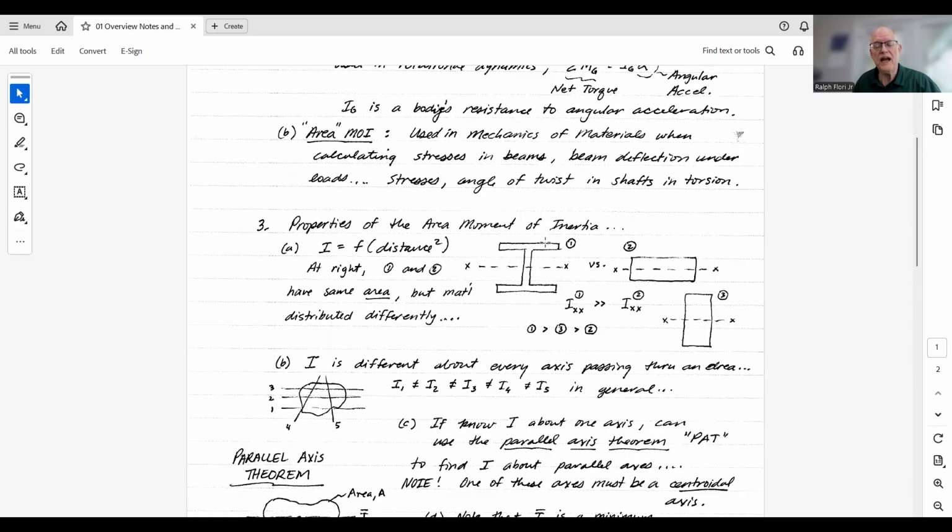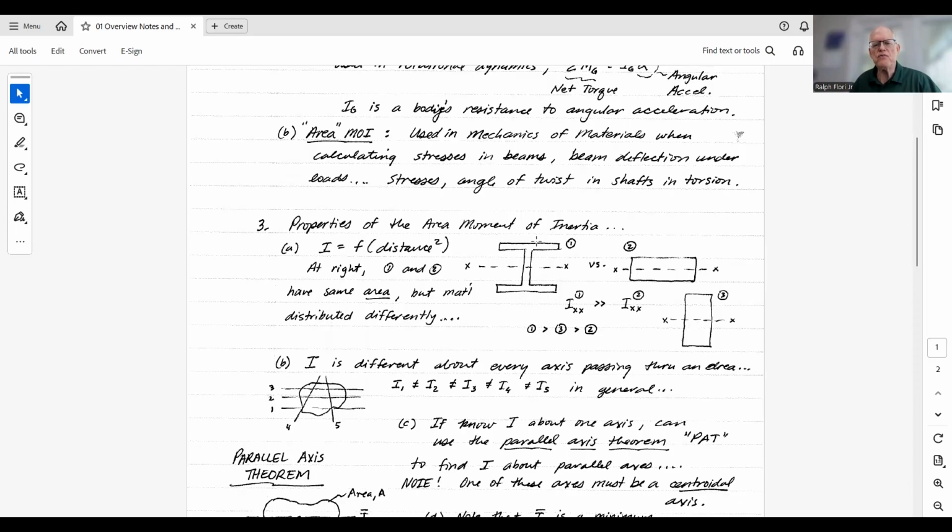Finally, the 1 case, again with the same cross-sectional area as the other two, but now we've taken a maximum amount of that material and moved it out to a top and bottom flange, and we left just enough material in that web to provide stability to the beam and to provide strength in shear, which is another story.